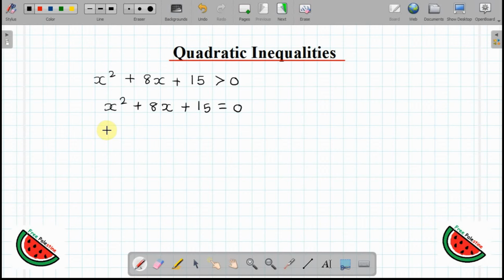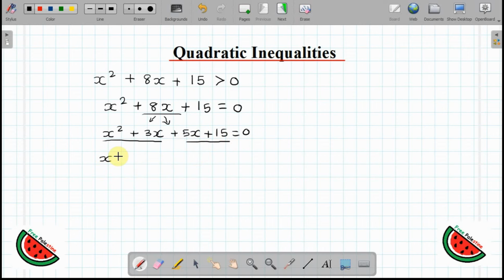So I can go ahead and split this into the two numbers 3 and 5. So I'll rewrite this as x squared plus 3x plus 5x plus 15 equals 0. Then I factorize these two and those two separately.